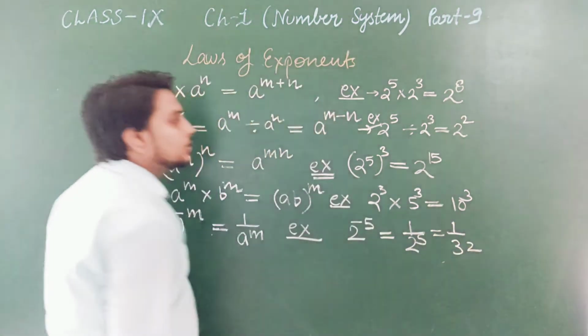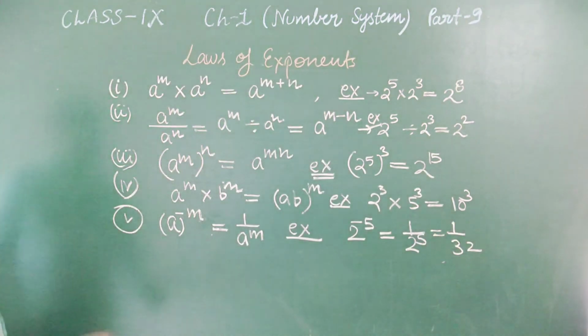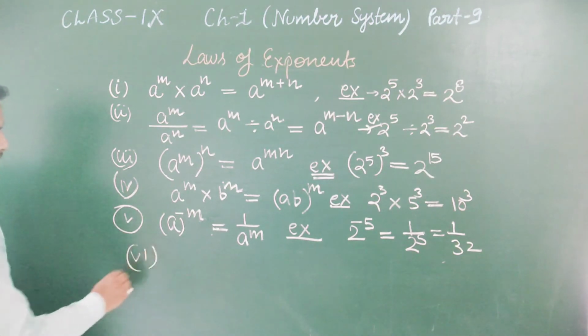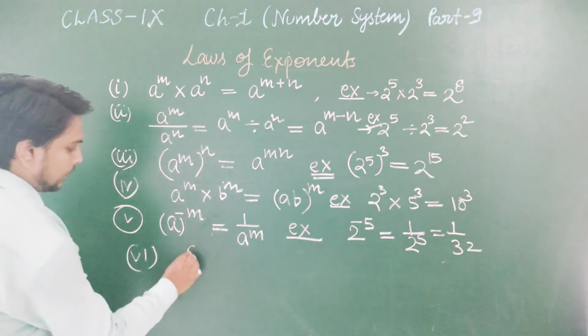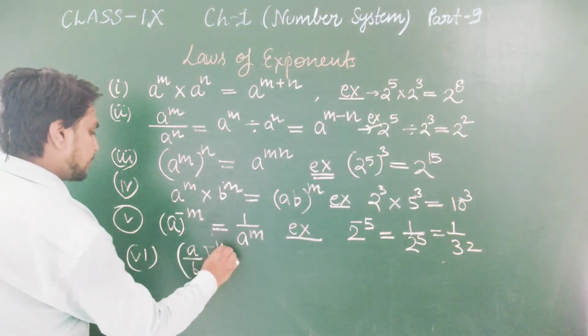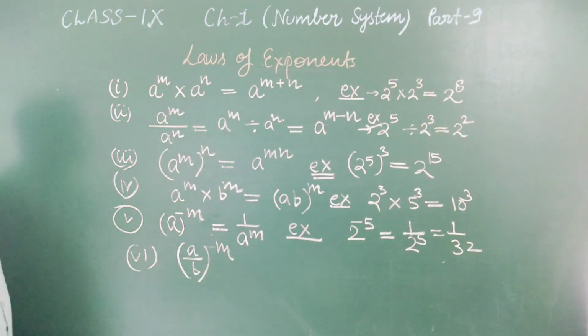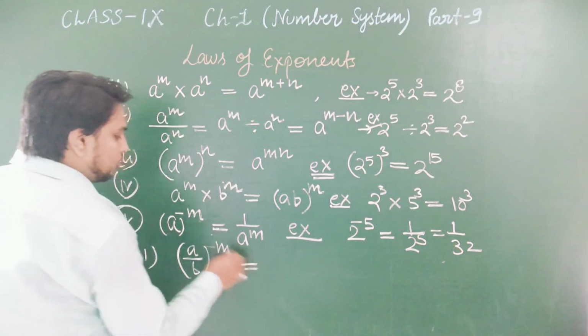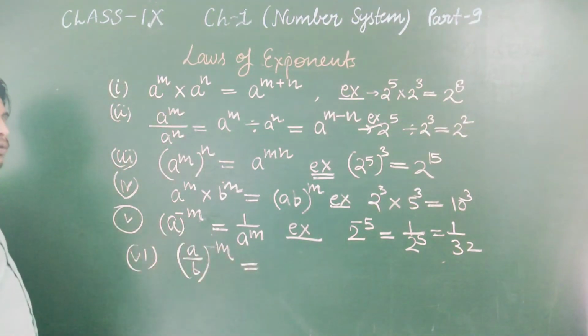In the same manner, if there is a rational number with a negative power, like a upon b to the power minus m, how will you write it as positive? As I told you, you have to write the reciprocal of that.